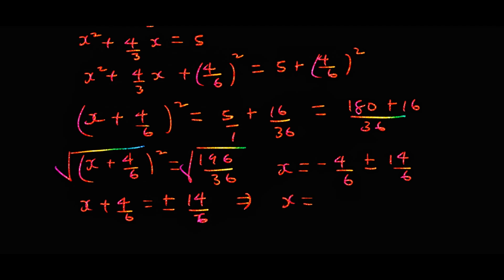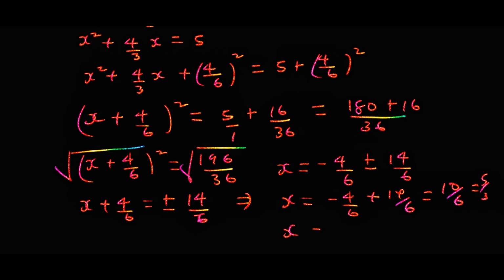So x could be, when we take the positive value, minus 4 over 6 plus 14 over 6. So minus 4 plus 14 is 10. So we have 10 over 6, which can be simplified to be 5 over 3.